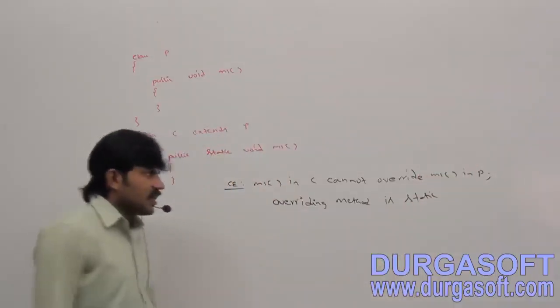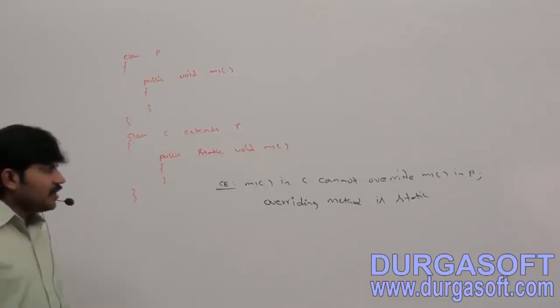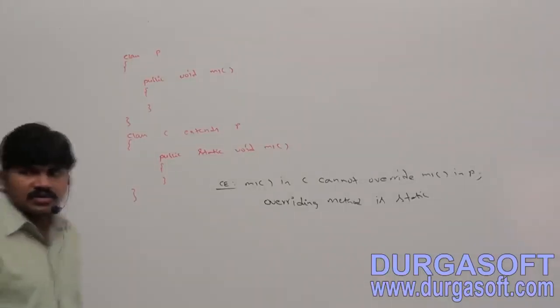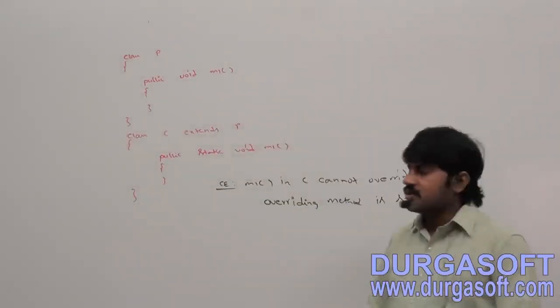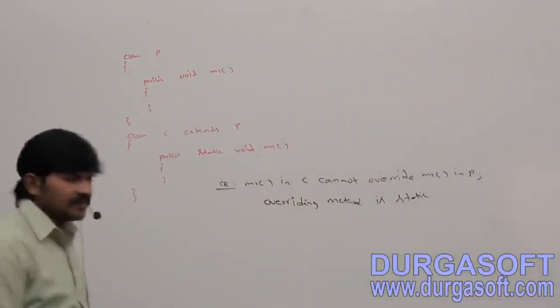In the last case the overridden method was static, but in this case the overriding method is static.